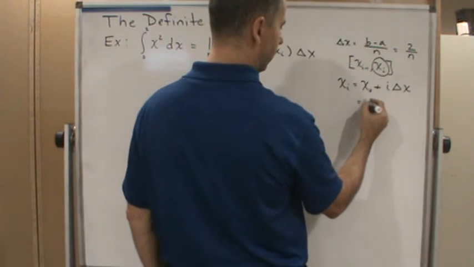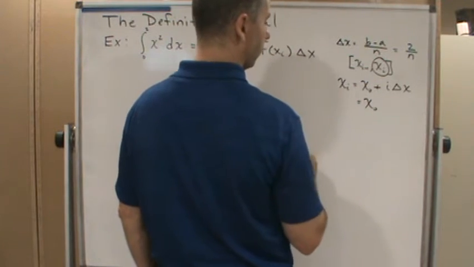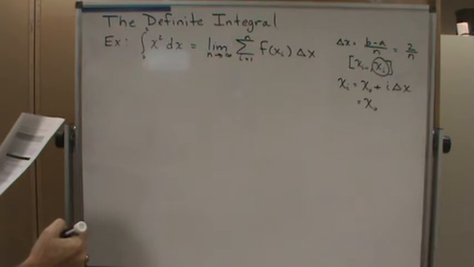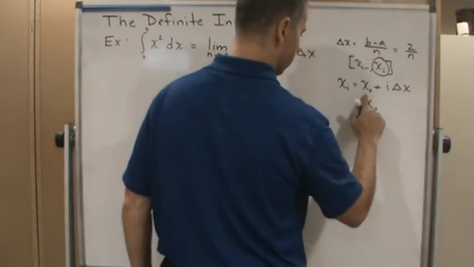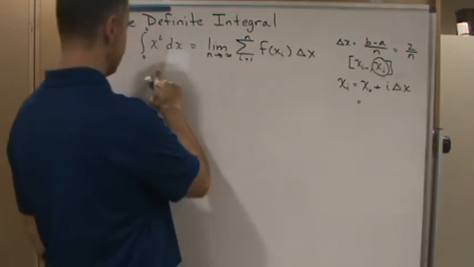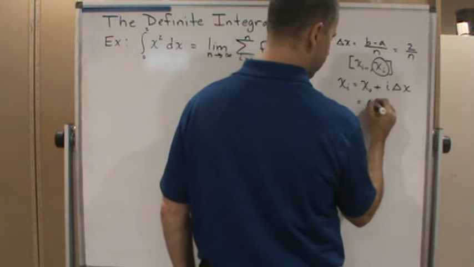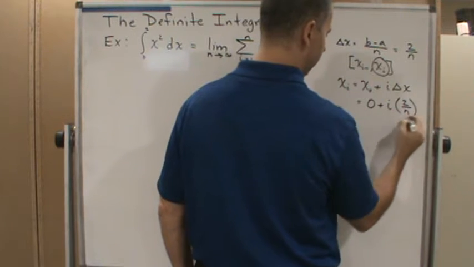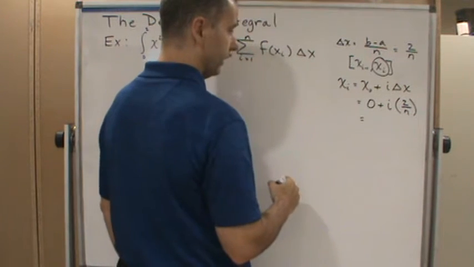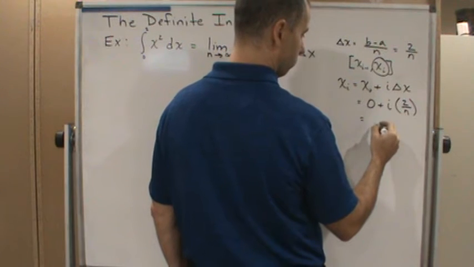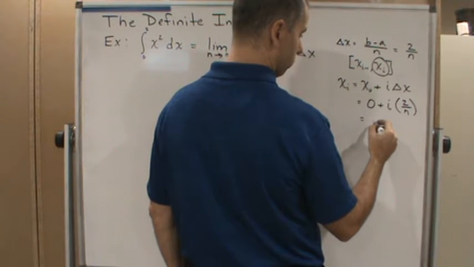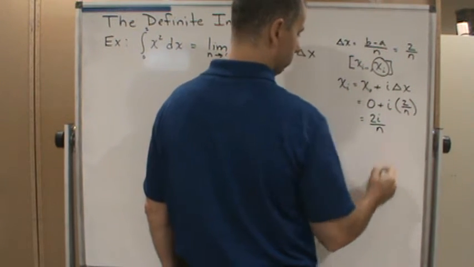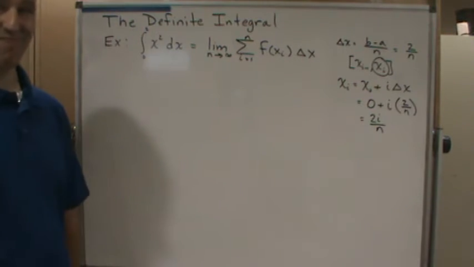And this is going to be x sub 0, which in this case is 0, because x sub 0 is a. So this is going to be 0 plus i times 2 over n. So x sub i is going to equal, well, just that: 2i over n. Okay?